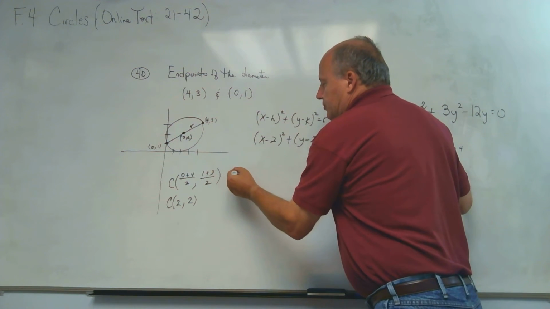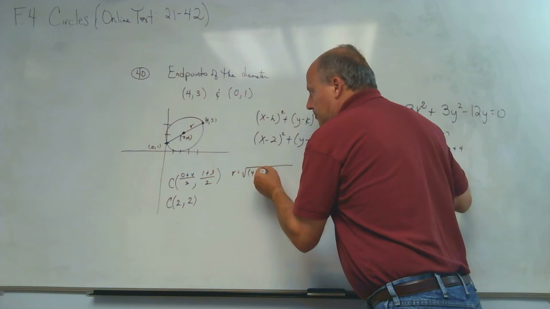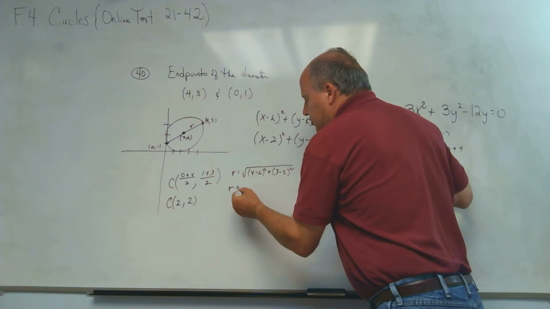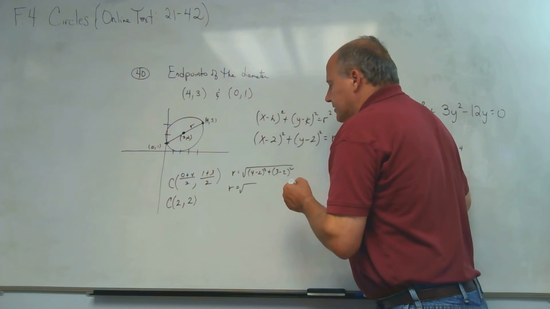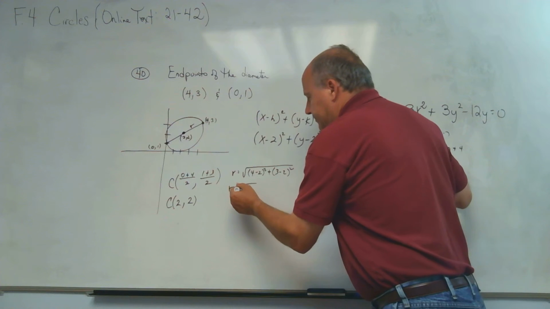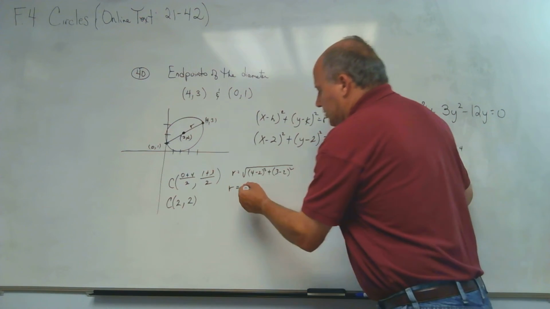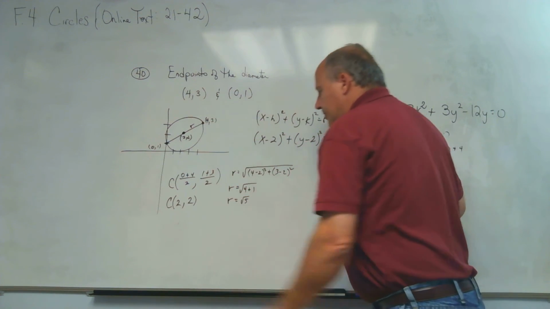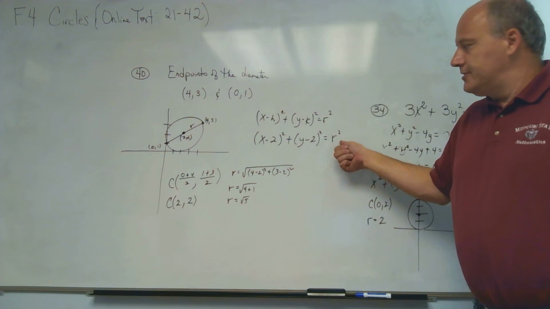So r equals the square root of 4 minus 2 squared plus 3 minus 2 squared. 4 minus 2 is 2, squared is 4. And then 3 minus 2 is 1, and squared that's 1. So r is the square root of 5. Well, you don't put the square root of 5 there, because that's what the radius is.